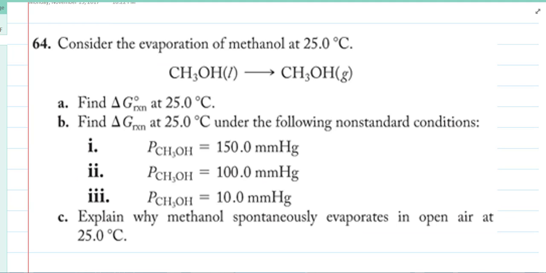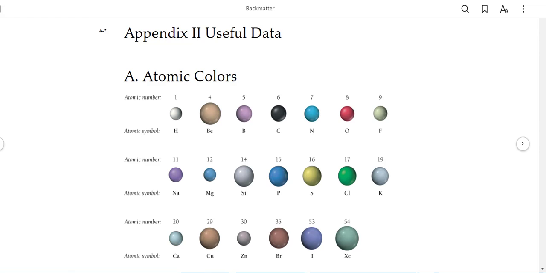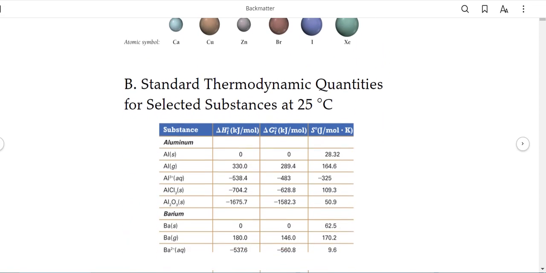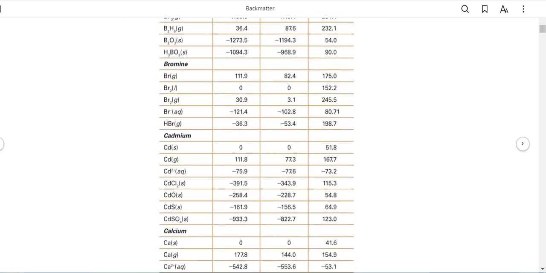The first question I want to do is now problem number 64, where we have methanol liquid going to methanol gas. Find delta G standard for the reaction at 25 degrees Celsius. We need to go back to the appendix and look up delta G standard for methanol.